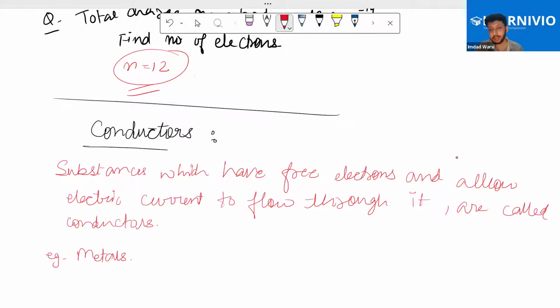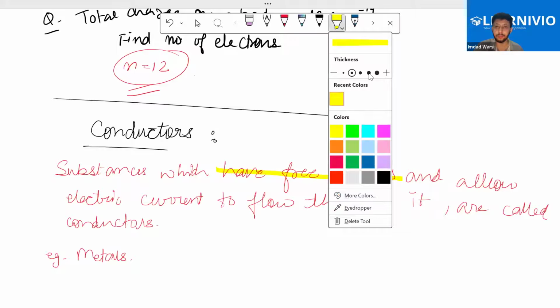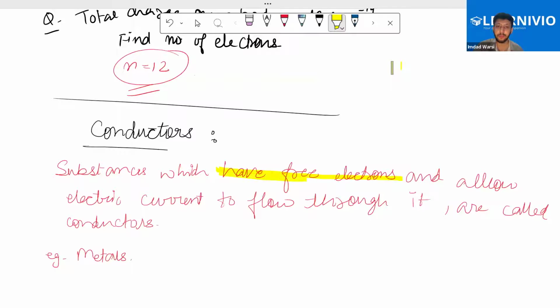Now, I have said two things here. Number one, I said which have free electrons. Second thing is that they allow electric current to flow through it. How are both the points linked? Can you think?